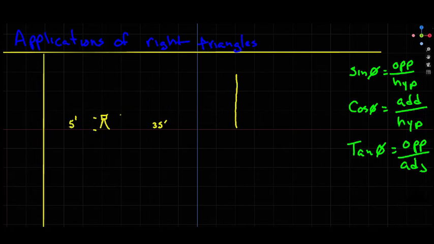Furthermore, you take another sighting from there to the top of the flagpole, and you find that that angle is 40 feet.